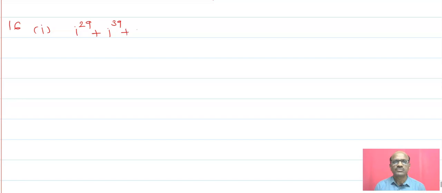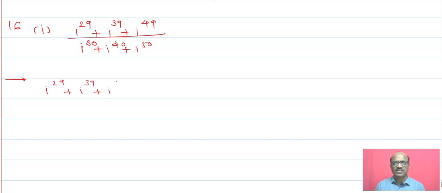That is i raised to 29 plus i raised to 39 plus i raised to 49 upon i raised to 30 plus i raised to 40 plus i raised to 50. This type of questions we have finished in the exercise.